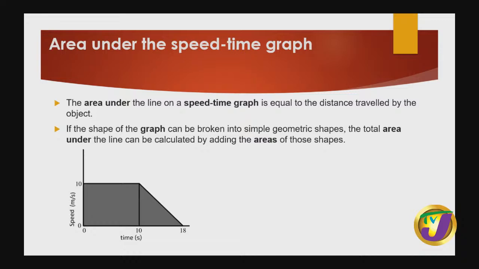What I like about this is that we see area coming into play, and we know that area is the total amount of space occupied within a given boundary. We also have to have knowledge of the properties of the geometric shapes in order to apply what we know about area to come up with the total distance.